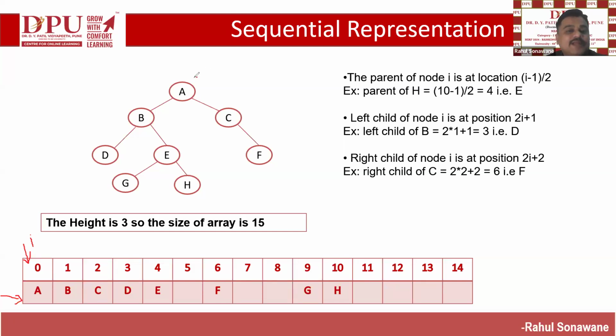Root will be kept at the 0th position, so we will number it 0. Then subsequent levels, we are going to number from top to bottom and then left to right. So let's say this is 1 and this is 2. Then this is 3 and this is 4.